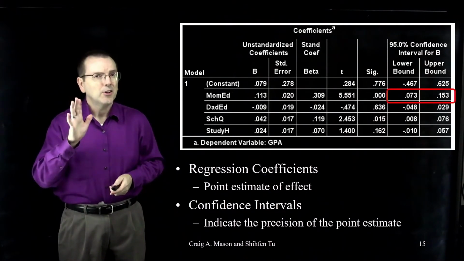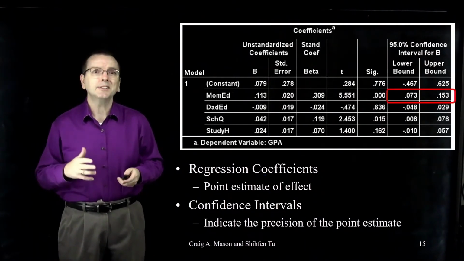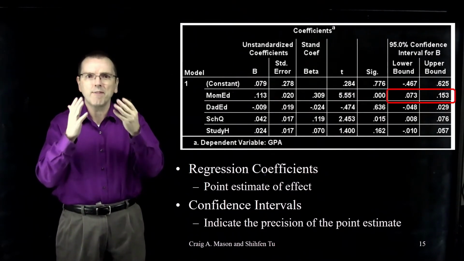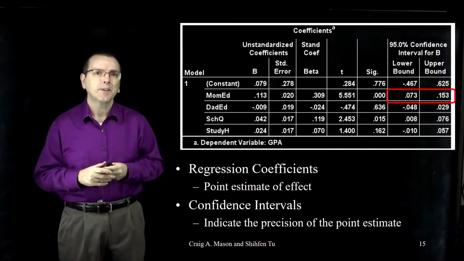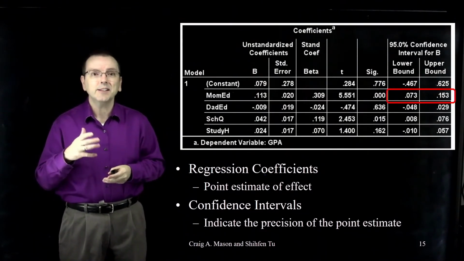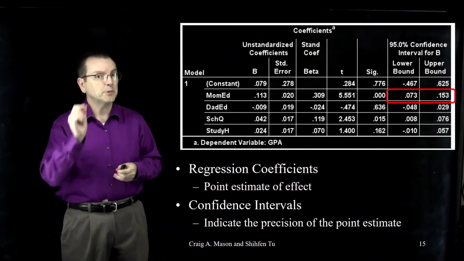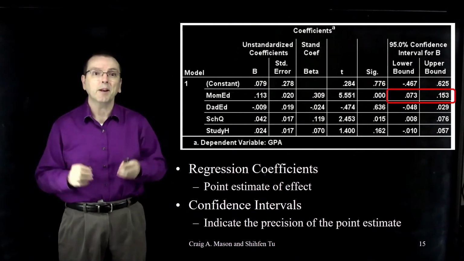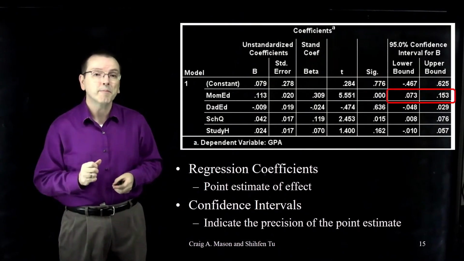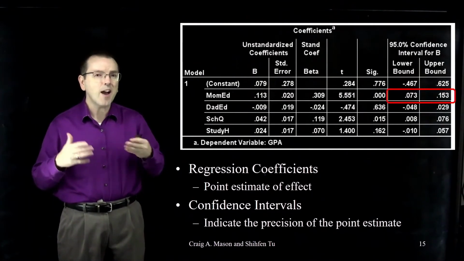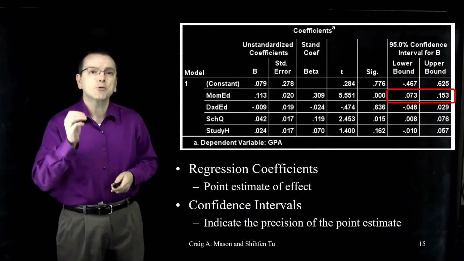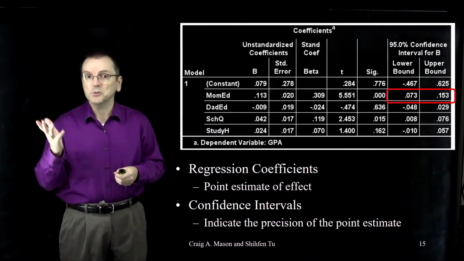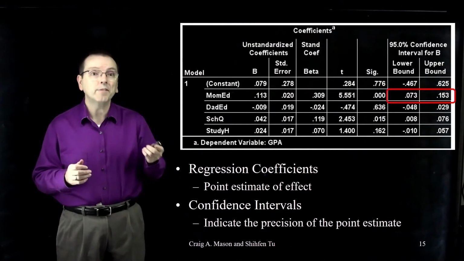But you can think of the confidence interval as telling you how precise, how accurate our value of 0.113 is. In this case, while our specific point estimate for the effect of mother's education across the population is 0.113, we're 95% confident that the true population value is somewhere between 0.073 and 0.153.